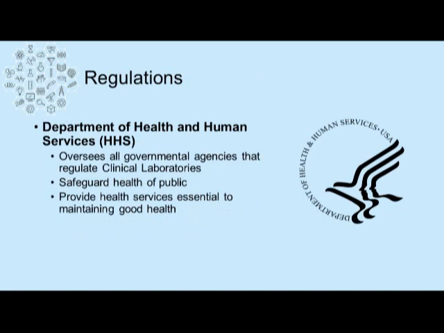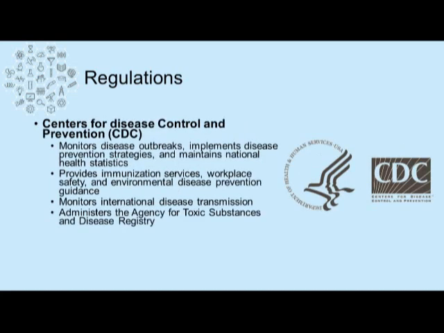The Department of Health and Human Services is responsible for overseeing all government agencies that regulate clinical laboratories. They're also responsible for safeguarding the health of the public and provide health services that are essential to maintaining good health. One of those departments is the Centers for Disease Control and Prevention, which monitors disease outbreaks, implements disease prevention strategies, and maintains national health statistics.